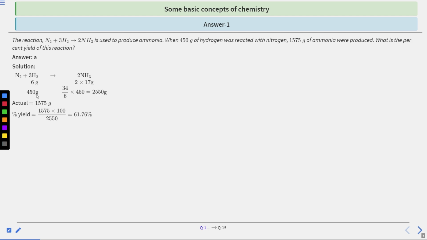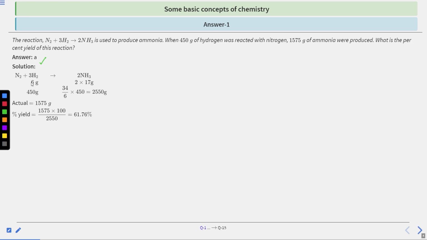Okay, so the correct option will be option A. So how? This is the reaction given in the question, and it is given that 450 gram of hydrogen was reacting with nitrogen. According to the reaction, the molecular mass of hydrogen is 6 gram, and it will be 2 multiplied by 17 gram for the ammonia.